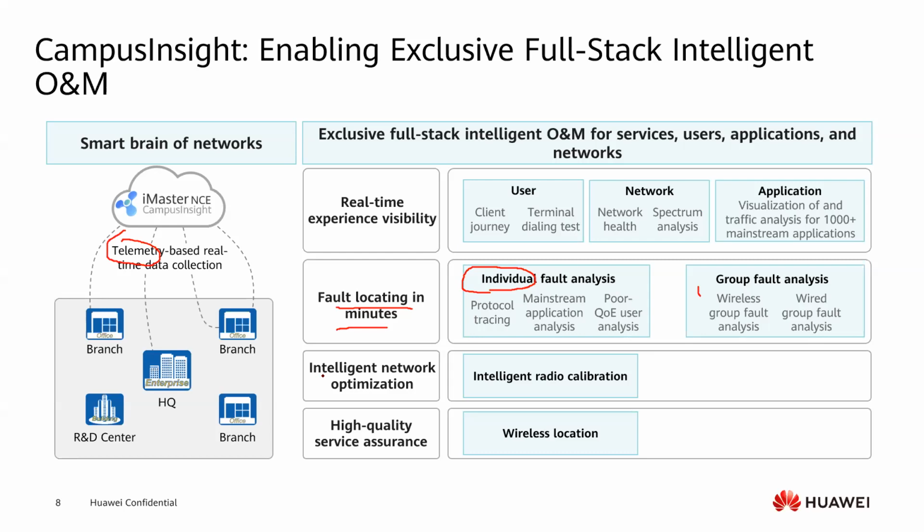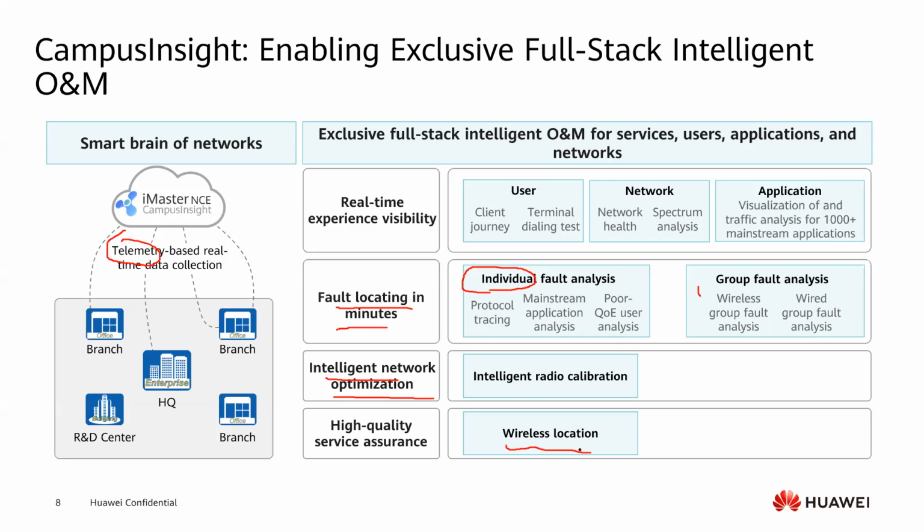The third is intelligent network optimization. You can enable the intelligent radio calibration function, and CampusInsight will optimize the network by itself. The final one is high quality service assurance, that is, wireless location.